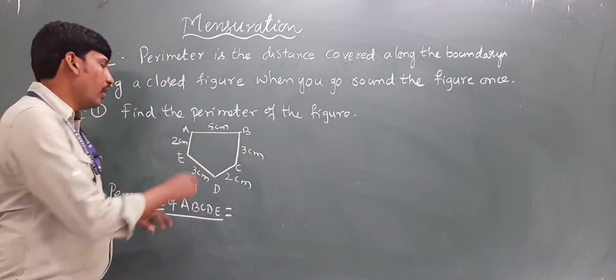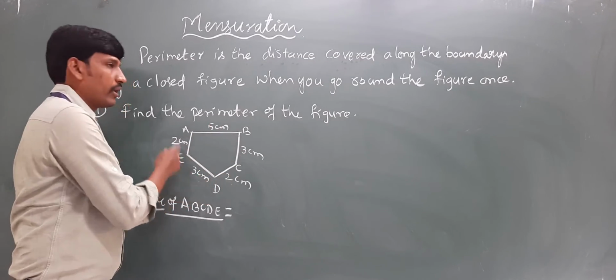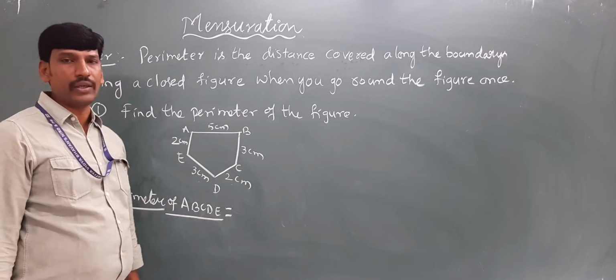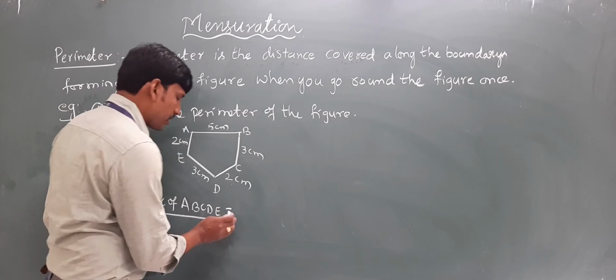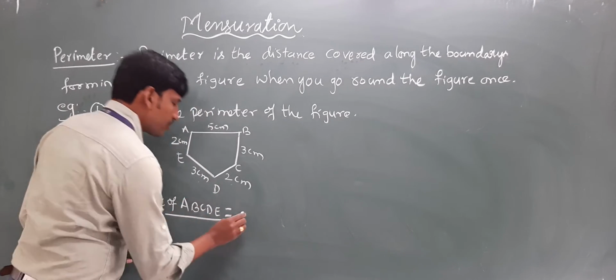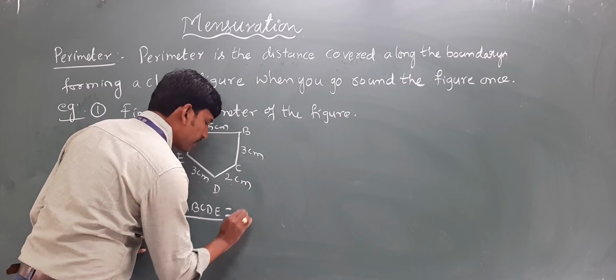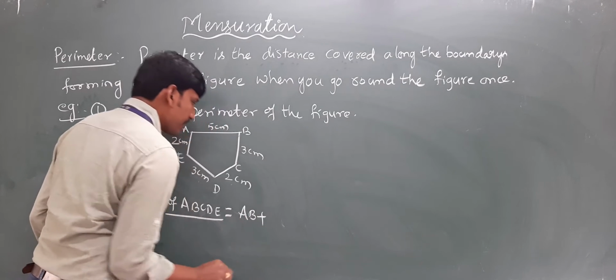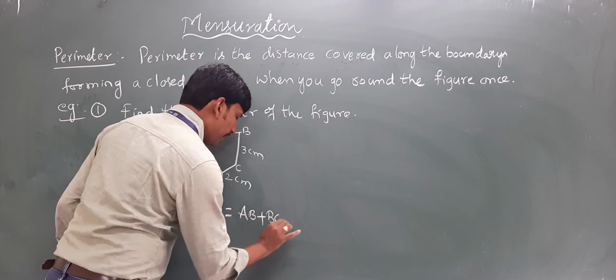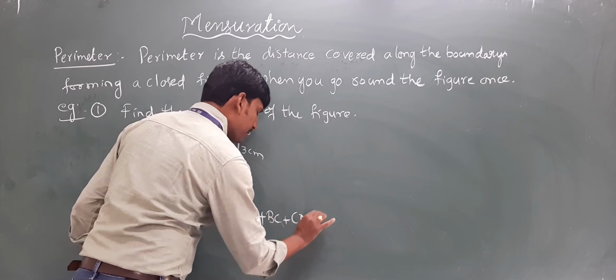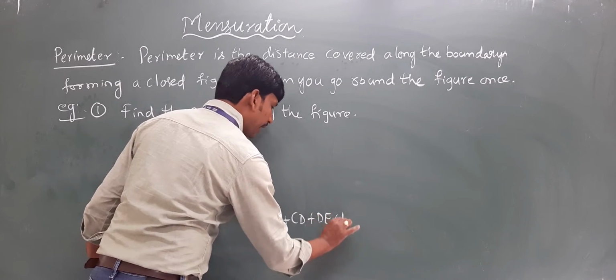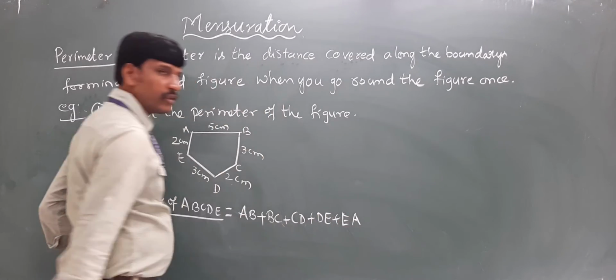We need to add all these numbers. You will get the perimeter of the given figure. So we should add all the lengths of the sides: AB plus BC plus CD plus DE plus EA. These are the 5 sides.